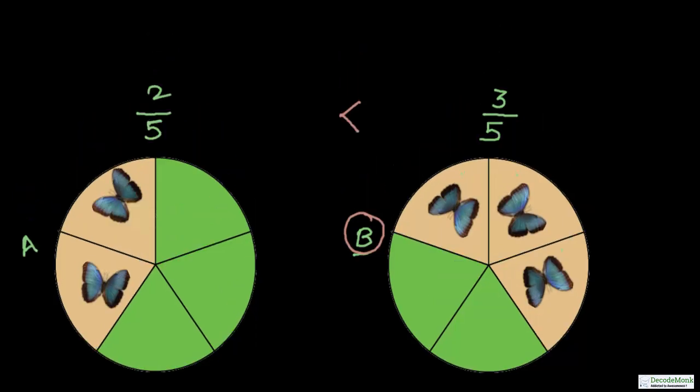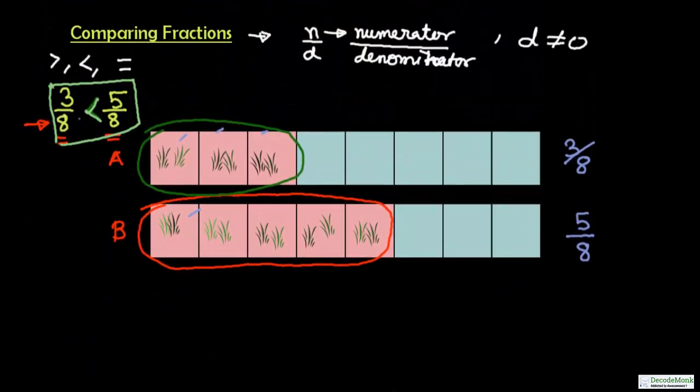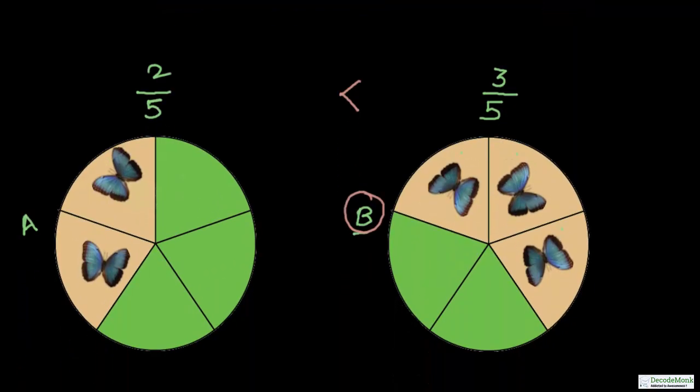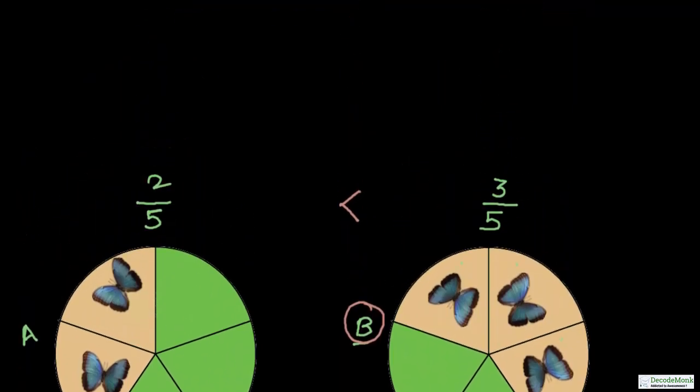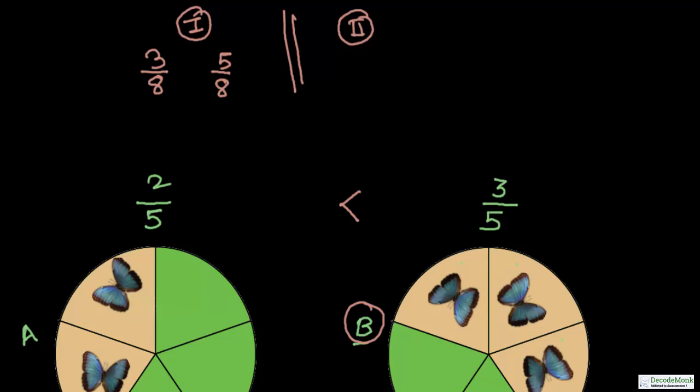Both these examples, 3 upon 8 and 5 upon 8, let me write those down. We have taken two examples. The first example is 3 upon 8 and 5 upon 8, and our second example, where we compared using circles, is 2 upon 5 and 3 upon 5. You can see that in all the examples the denominators of the compared fractions are the same.